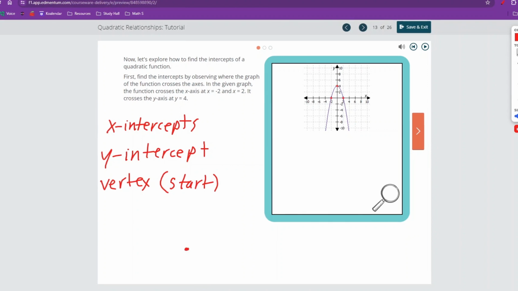Because you're going to start from the vertex, and you're going to form a U on either side. And the neat thing about this is that your graph ends up being symmetrical. So you could graph one side and just mirror the points on the other side. So those are the points you should be looking out for before graphing your quadratic.